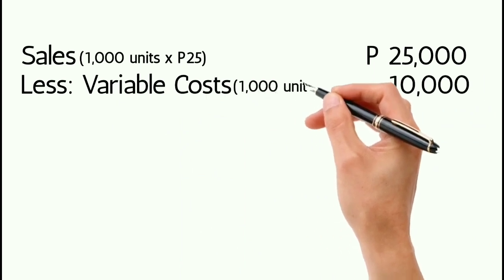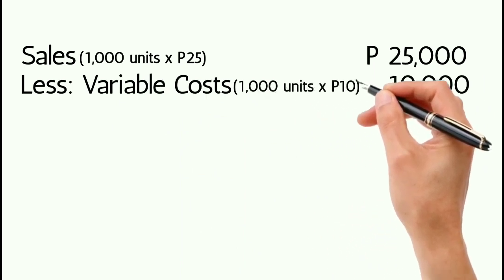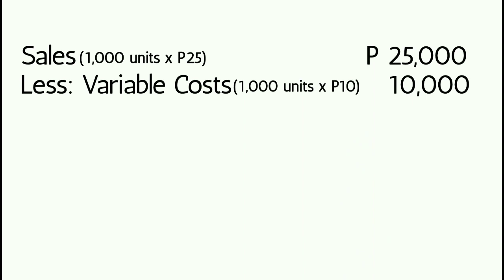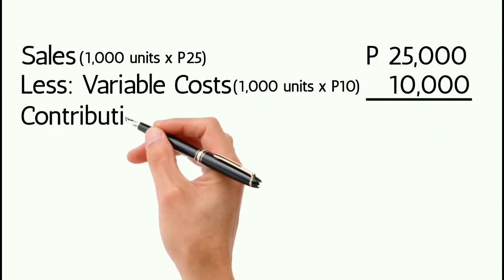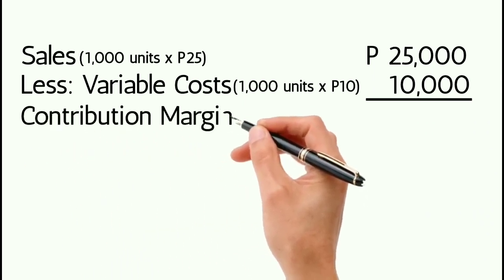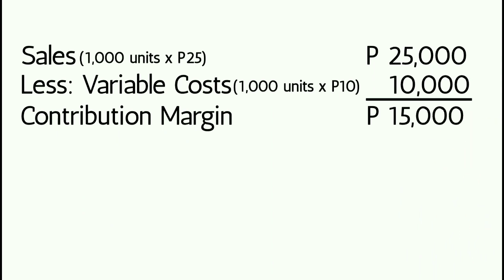That is 1,000 units times 10 pesos. Take note, yung 10 pesos dito ay yung variable cost per unit. 25,000 pesos minus 10,000 pesos, that is equal to 15,000 pesos, and that is the contribution margin.